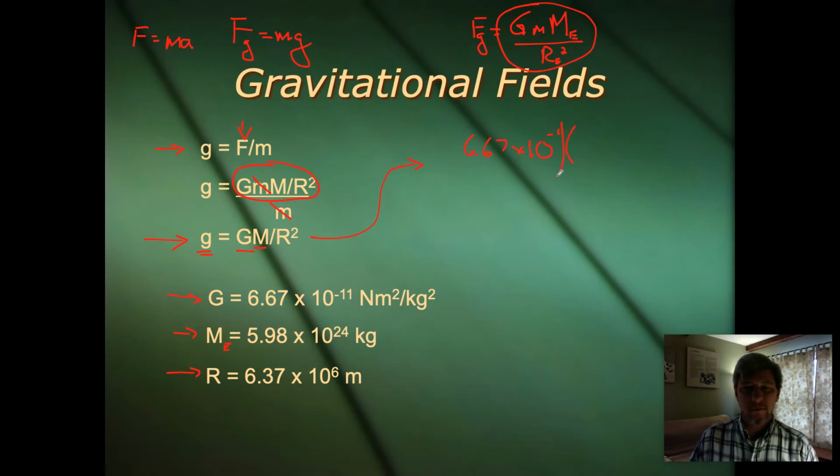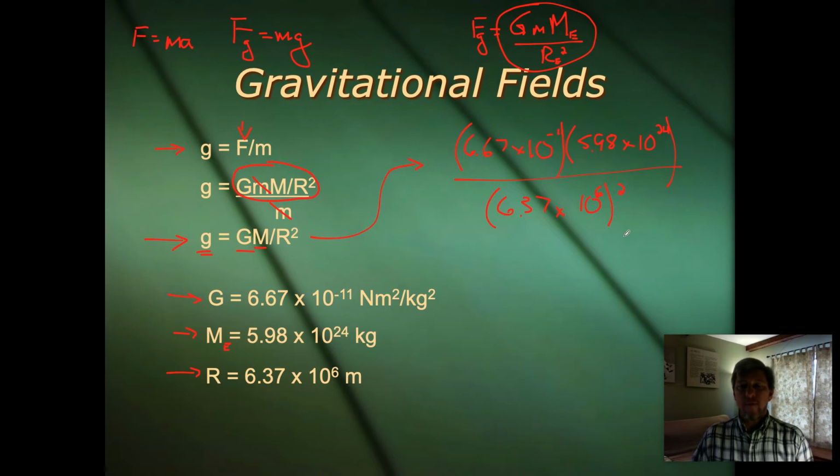Times 5.98 times 10 to the 24th kilograms, all divided by 6.37 times 10 to the 6th meters quantity squared.